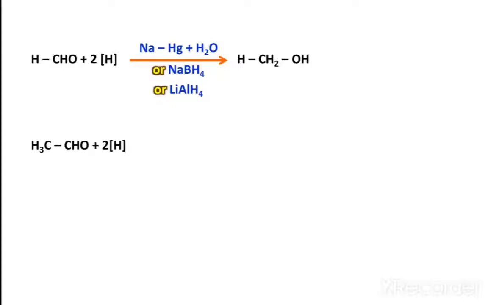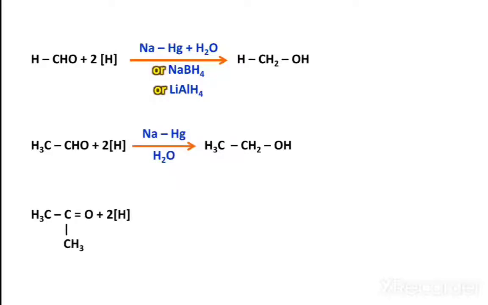Similarly, if we take acetaldehyde plus 2H, nascent hydrogen, sodium amalgam and H2O, here we get ethyl alcohol. Then a ketone undergoes reduction by using nascent hydrogen, sodium in presence of Hg, that is sodium amalgam plus H2O, and we get a secondary alcohol.